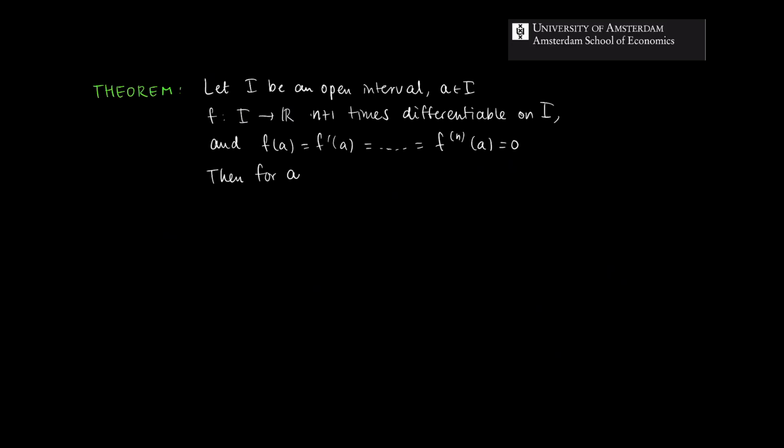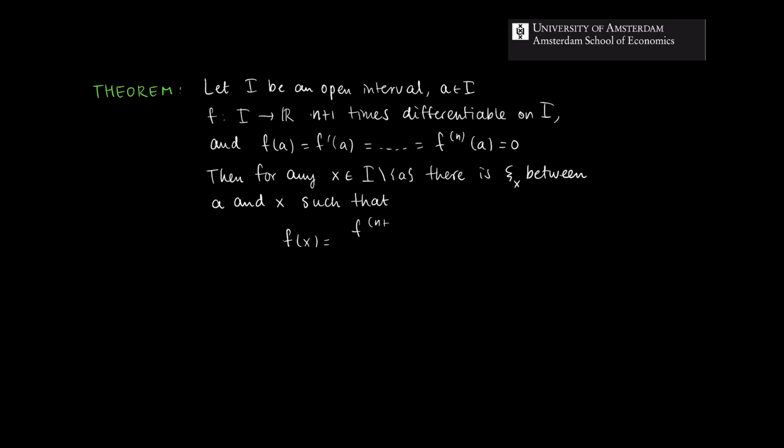Then what we can conclude, and we'll show this one, is that for any x in this open set I except a, there is a psi of x in between a and x, such that, now you'll see where the comparison with Taylor's theorem comes from, f of x equals the (m plus 1)th derivative of f in psi x divided by (m plus 1) factorial times (x minus a) to the power m plus 1.